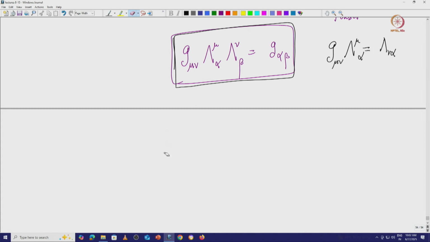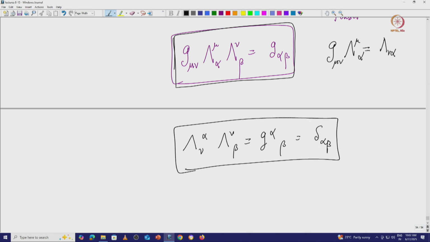Lambda nu alpha lambda nu beta is equal to g alpha beta. Now g alpha beta is nothing but delta alpha beta, your Kronecker delta. This will imply, if you take lambda to be a matrix, lambda times lambda inverse is equal to I.